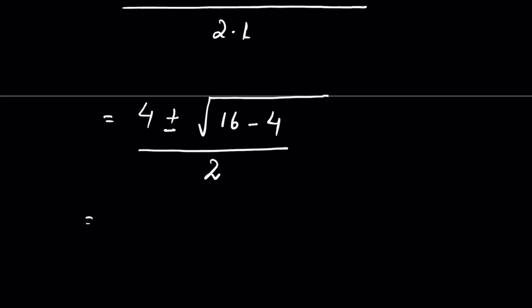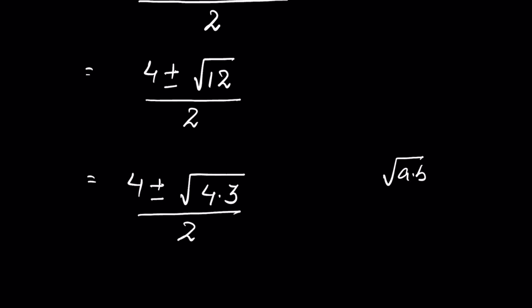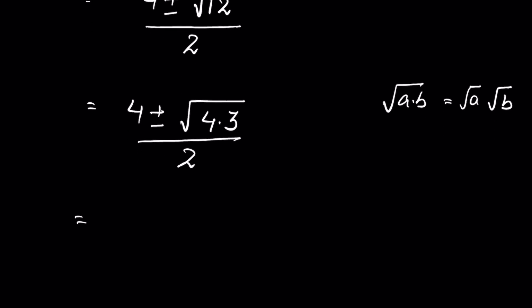So 4 plus minus 16 minus 4 is square root of 12 upon 2, or 4 plus minus square root of 12, we can also write as 4 times 3 under square root upon 2. Now when a times b is under square root, this also means it is a under square root times b under square root. So it will be 4 plus minus square root of 4 times square root of 3 upon 2.